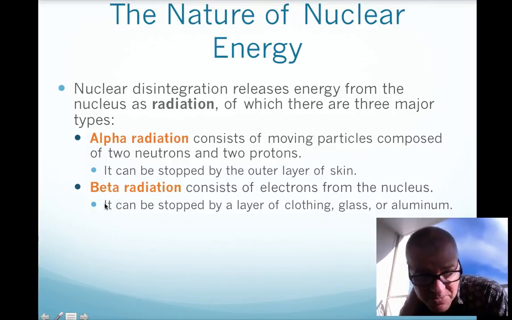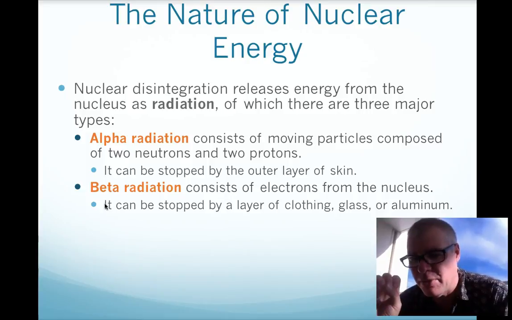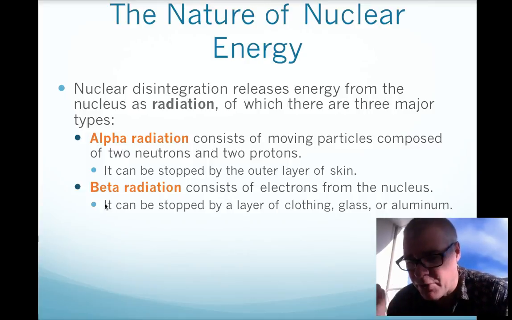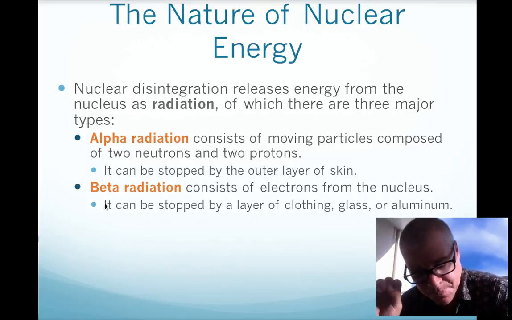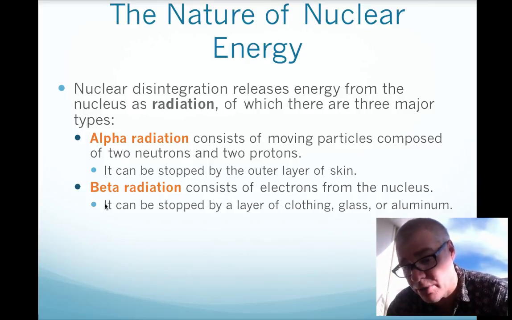Alpha particles consist of 2 neutrons and 2 protons. So when a nucleus, and we remember from last module, we talked a little bit about what happens with fission, right, in terms of how atoms are split for nuclear power or for nuclear weapons. What happens often is that it will eject these alpha particles, which are 2 protons, 2 neutrons, which are relatively large, nuclear speaking, but they don't penetrate very much.